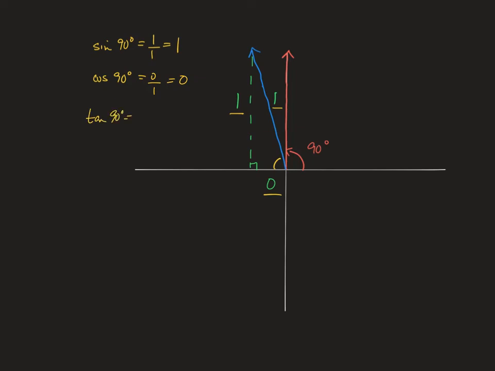My tan is going to be opposite over adjacent. And if I were to calculate 1 divided by 0, we see that we are going to get an undefined value because we can't divide by 0. That might give some people a little bit of a help to be able to work their way through and maybe see why something popped up a little bit earlier today as well.